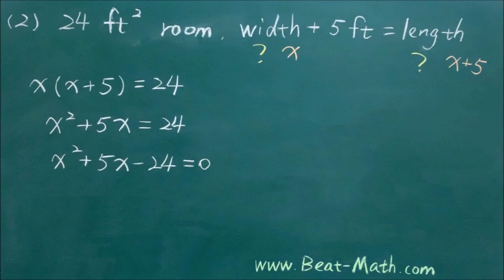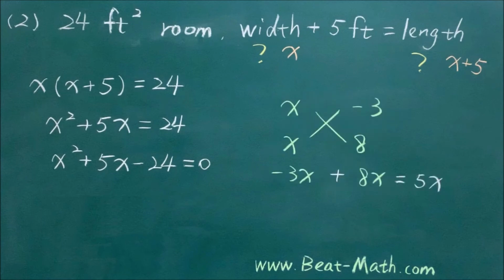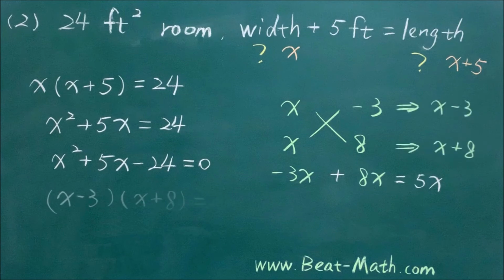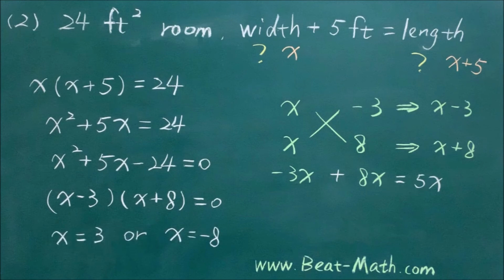By using the crossing method, we can easily get the solution. 24 is the product of negative 3 and 8, because negative 3x plus 8x equals 5x, so we can get (x minus 3) times (x plus 8) equals 0. Then we get the two roots x equals 3 or x equals negative 8.